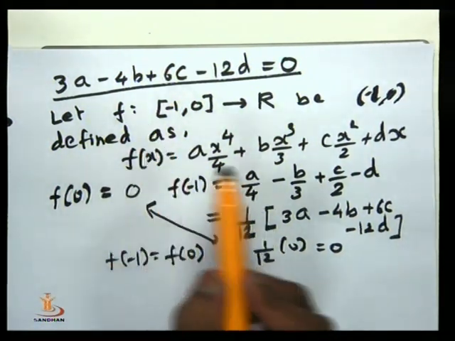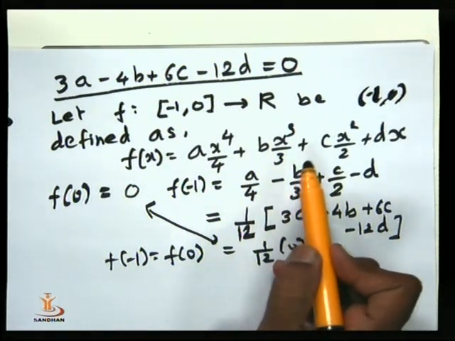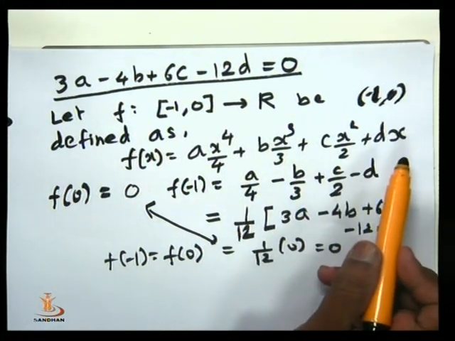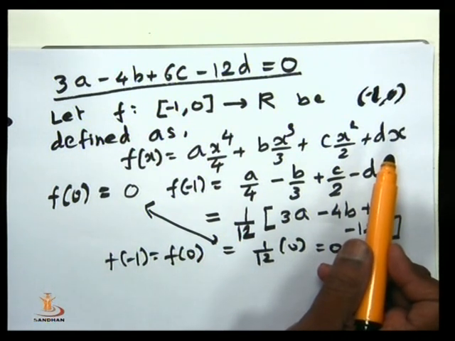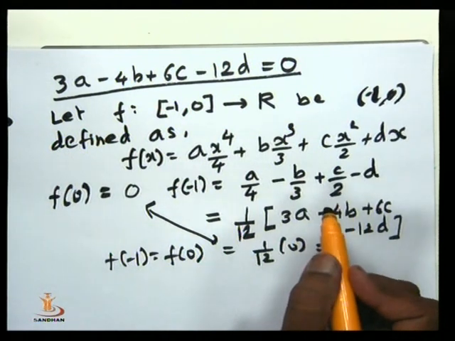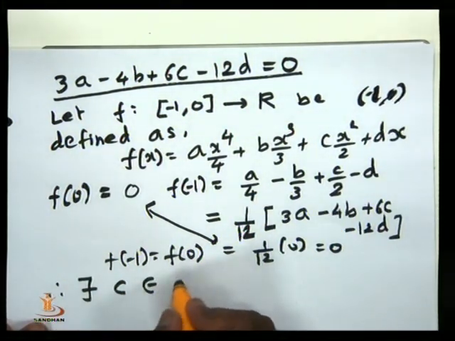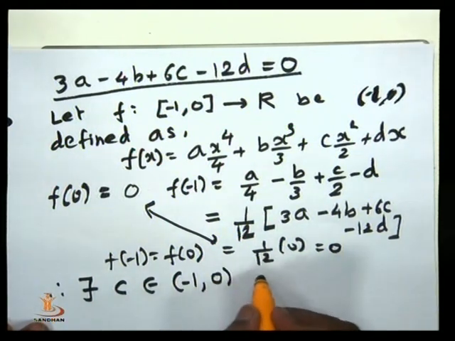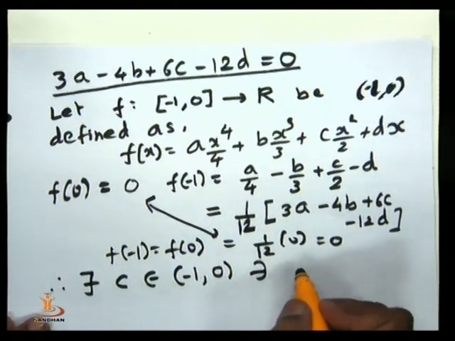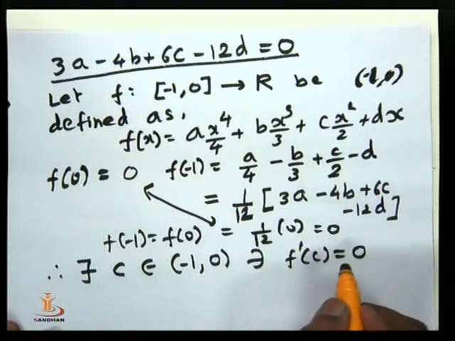So this function, ax raised to 4 upon 4 plus bx cube upon 3 plus cx square upon 2 plus dx, satisfies all the conditions of Rolle's theorem. Therefore, we can find some number between minus 1 and 0. There exists some c belonging to the open interval (minus 1, 0) such that f dash of c is equal to 0.